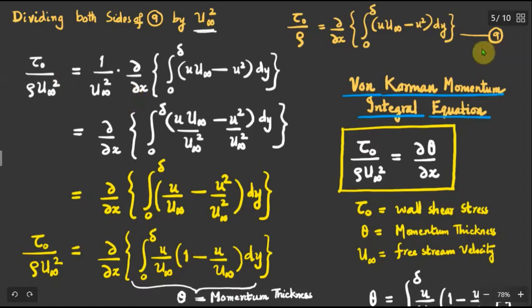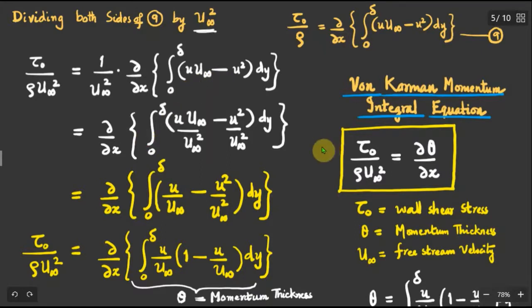On the right hand side, this partial derivative term is divided by u infinity square. U infinity square is a constant, so you can take it inside the partial derivative as well as inside the integral, distributing the denominator.